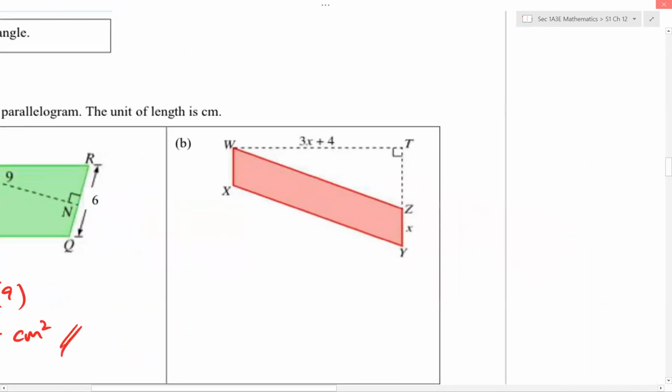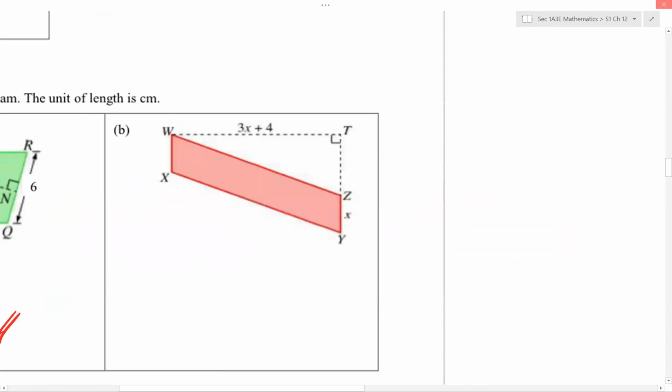Now, next one. We've got a parallelogram that looks like this. We've got different dimensions given to you. In this case, what is your base? You have 4 options, right? But what is the only option that they are giving you? X. That is the only distance on the shape that they are giving to you.